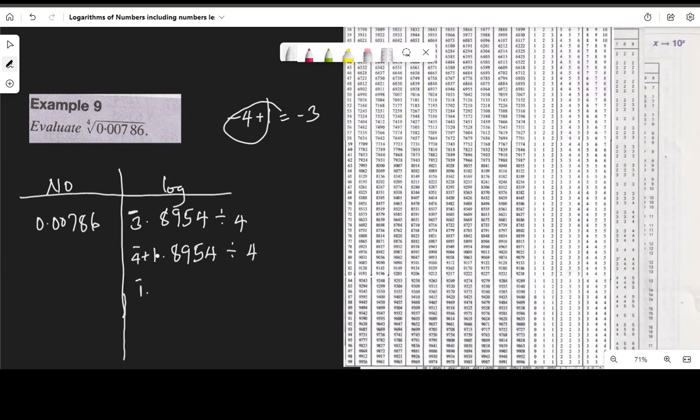Bar 4 divided by 4 is bar 1. Then this positive one, we can take it across to the mantissa side, which when we place it here becomes 18. 18 divided by 4 is 4, remainder 2. Placing the 2 in front of 9, that is 29. 29 divided by 4 is 7, since 7 times 4 is 28, remainder 1.